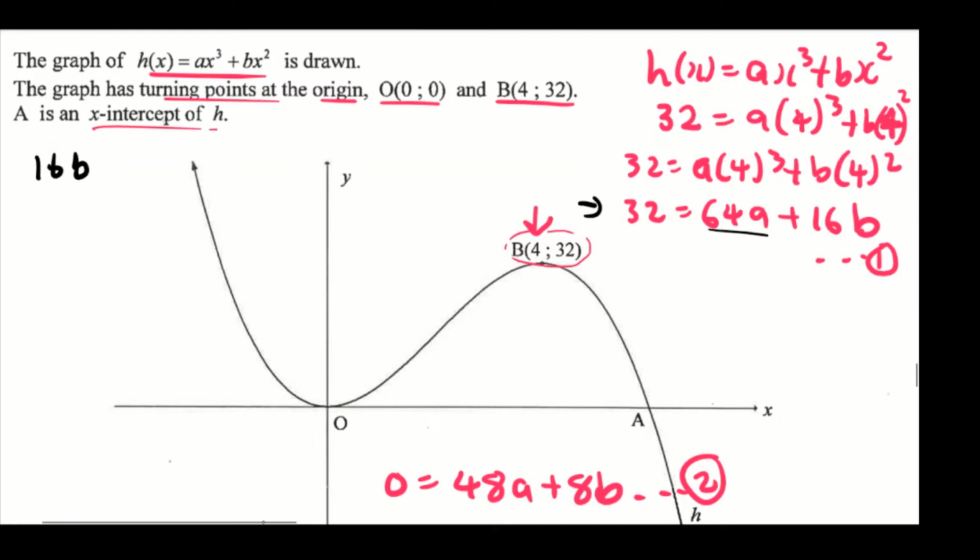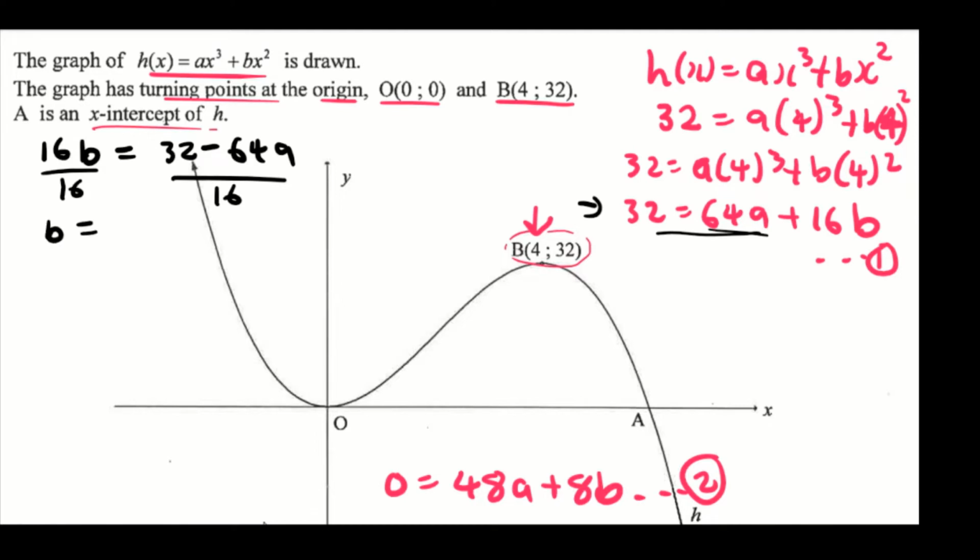So 16b equals 32 minus 64a. Divide by 16 on all sides. So b equals 32 over 16 minus 64a over 16. So b equals 2 minus 4a.